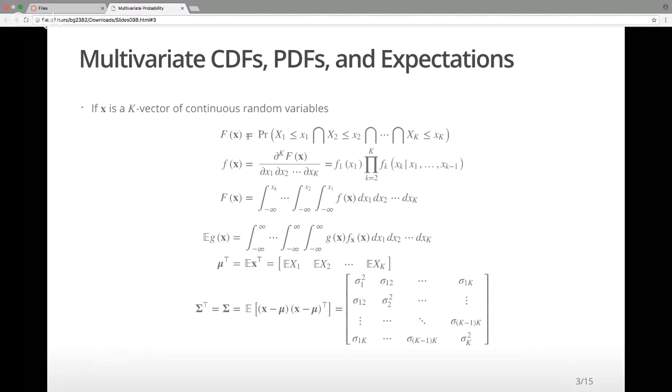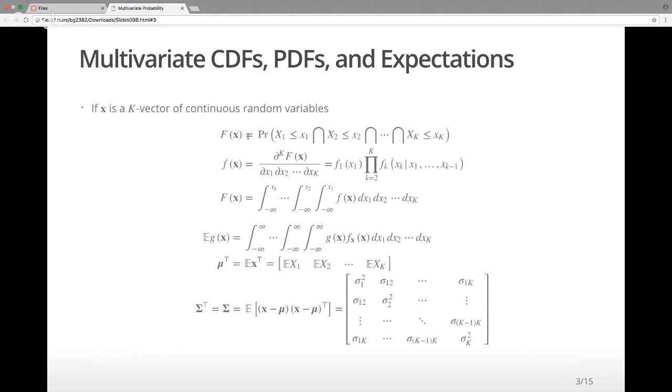Again, it's just saying, is the first random variable in the first position of the vector less than or equal to some number? And then is the second random variable in the second position less than or equal to some number? It doesn't have anything to do with the relative sizes of those two random variables. So you have a CDF for every combination of x1 and x2.